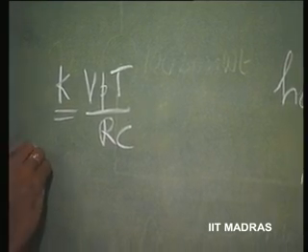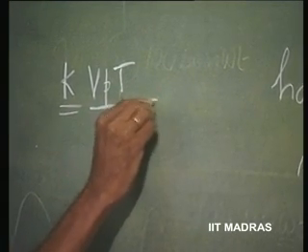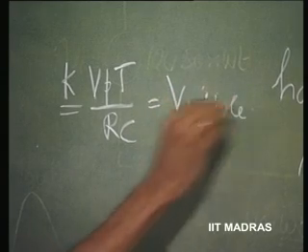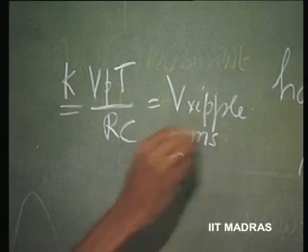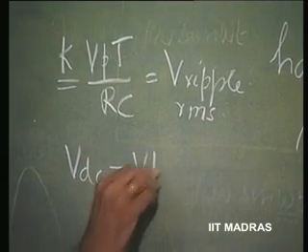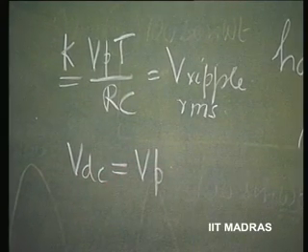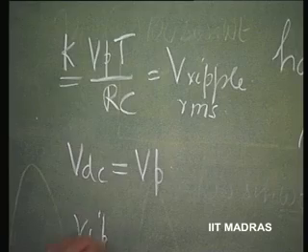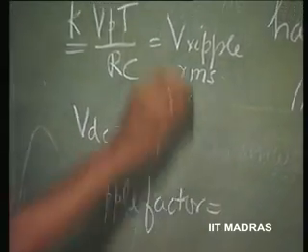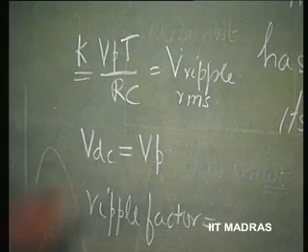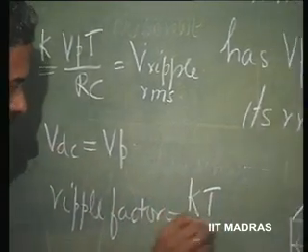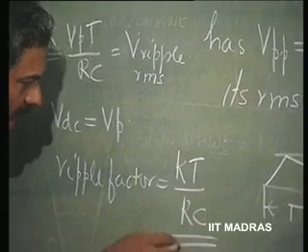The RMS value of the ripple divided by DC, which is V peak, is called the ripple factor, which is nothing but k T divided by R c.